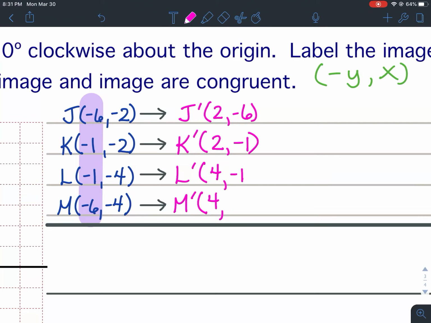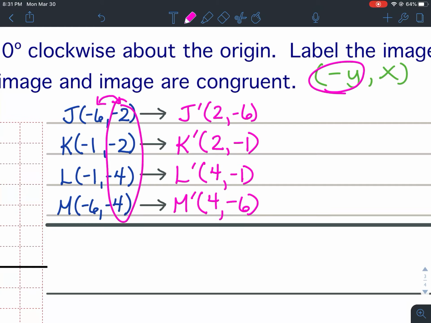L was negative 1, stays negative 1. M, negative 6, stays negative 6. So we take these, we flip them around, and we took the opposite of whatever the original y-coordinate was. So we took the opposite of all of those.